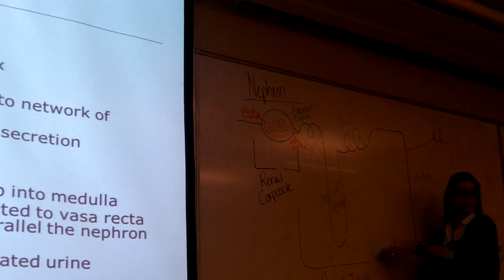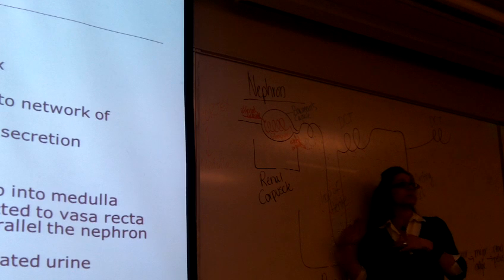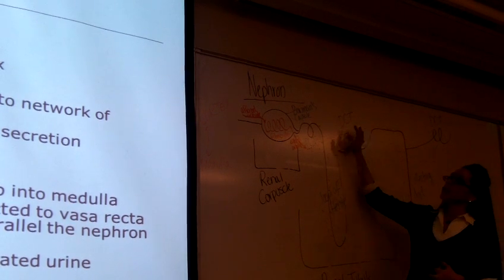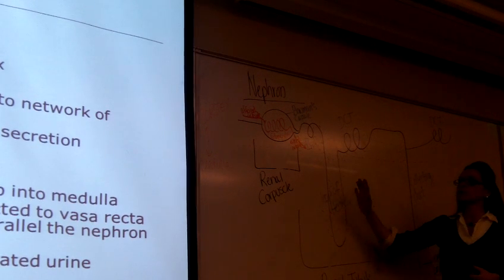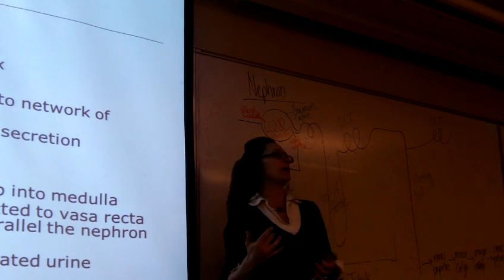That allows for better osmosis, movement of water. So for humans, if we only had cortical nephrons with short loops of Henle, we wouldn't reabsorb as much water and we would become very, very dehydrated.